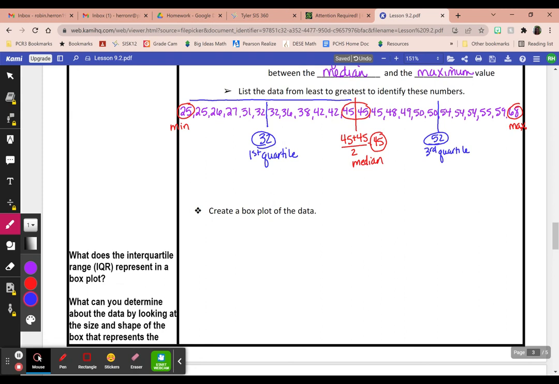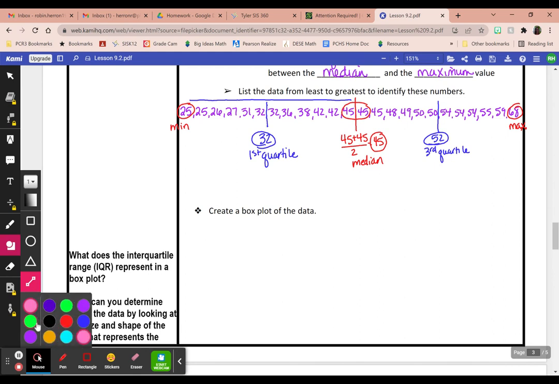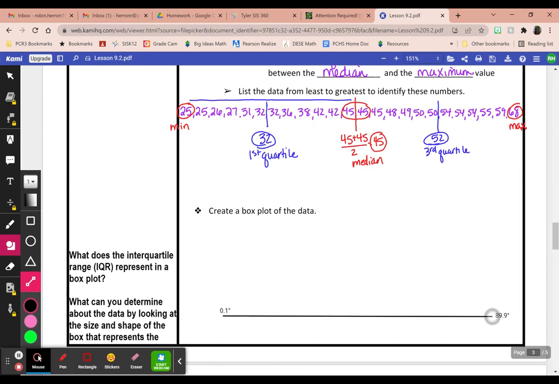And now we're going to create a box plot. Okay. So to do that, we have to start with a number line that includes the numbers that we have circled up here. Okay. So first thing I'm going to do is make my number line. Okay. Come down here. I'm just going to count by tens because it doesn't have to be exact.